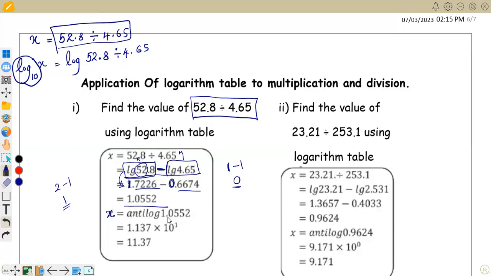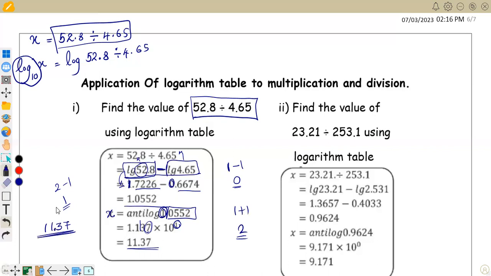Then here 0552 is located in the 11th row, 3rd column. You have to take the 7th column value in the mean difference. It is then 1.137 multiplied by 10 to the power of 1, because characteristic is 1, no? Then it becomes 11.37. Or you can just write 1137 and when you separate using the short method, here characteristic is 1, 1 add 1 it is 2, then 2 digits are separated.